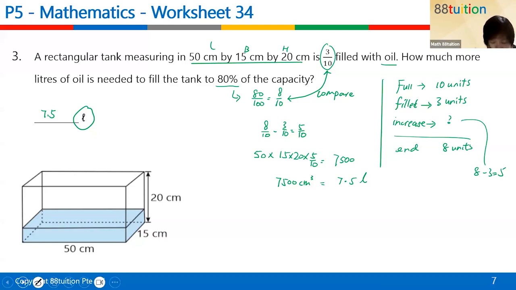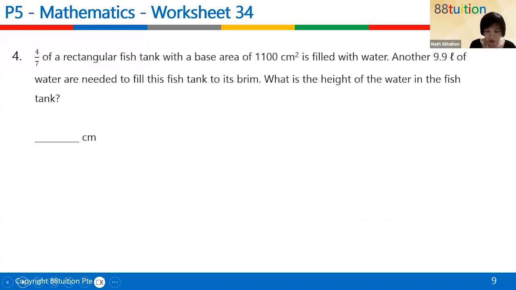Question 4. All right, 4/7 of a rectangular fish tank with a base area of 1,100 centimeters square is filled with water. Another 9.9 liters of water are needed to fill the fish tank to the brim. So he's asking you for the height of the water. Now, do you remember the Lego stack?